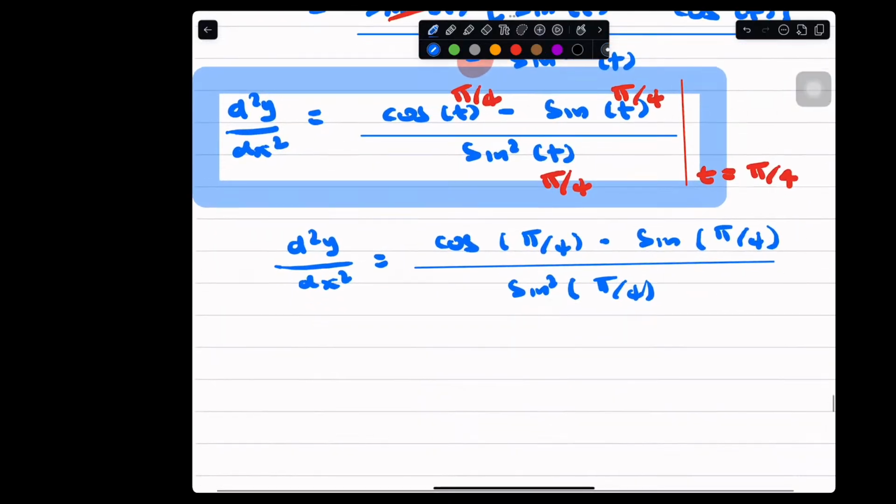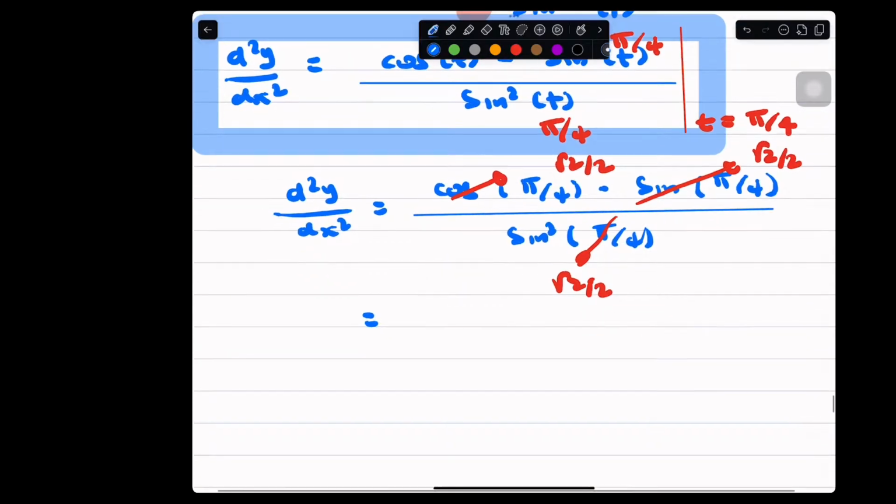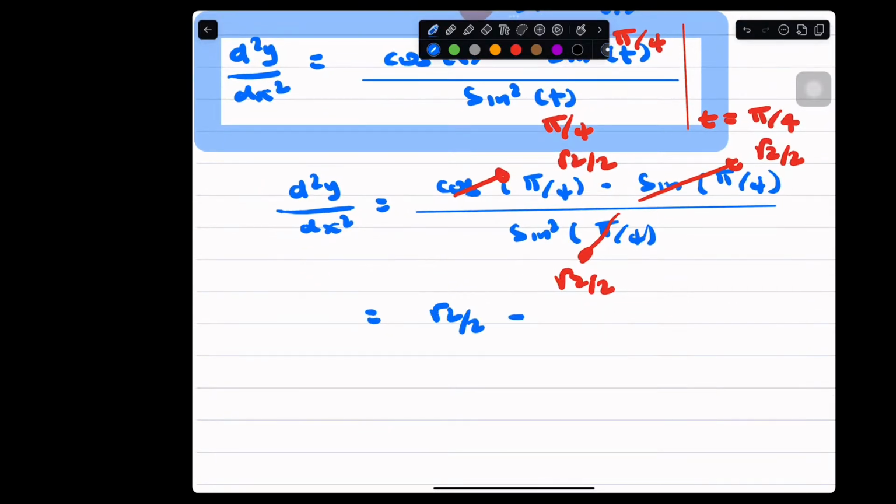Okay. Now, here's what's going on. Cosine pi over 4 is the square root of 2 over 2. Sine pi over 4 is the square root of 2 over 2. So essentially, you have the square root of 2 over 2 minus the square root of 2 over 2 over the square root of 2 over 2 to the second power here.